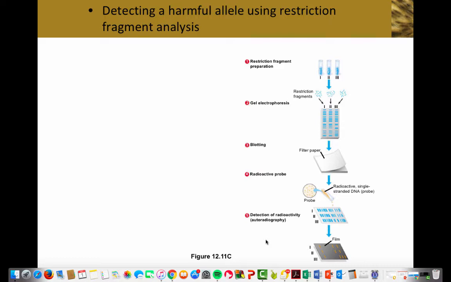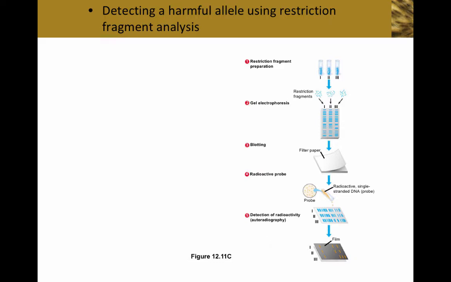And then what you do is once it's on the paper, you can label it with radioactive probes. That way, then you can essentially take a picture of it using something like video or film, right?